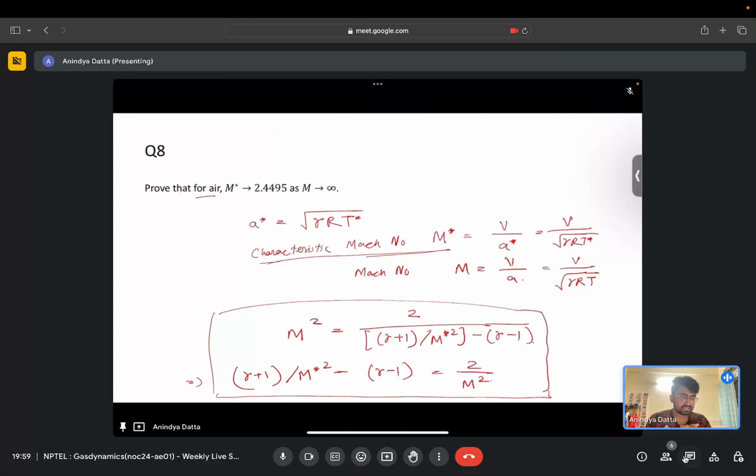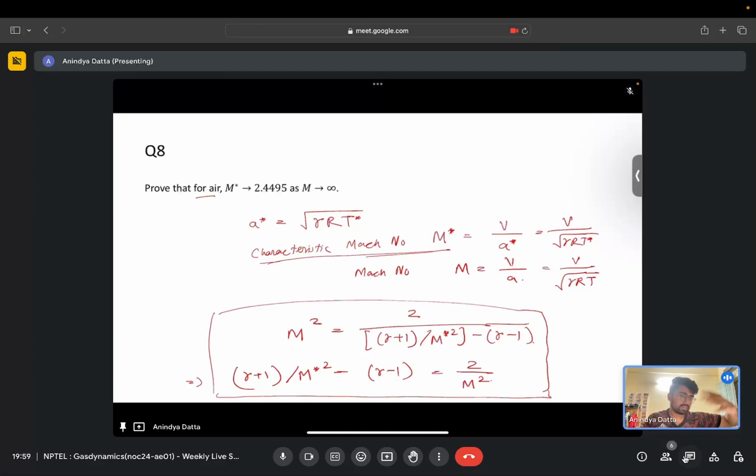You have seen in the lectures that our basic energy equation is enthalpy plus kinetic energy at inlet equals enthalpy plus kinetic energy at outlet, if there is no work or heat transfer involved.